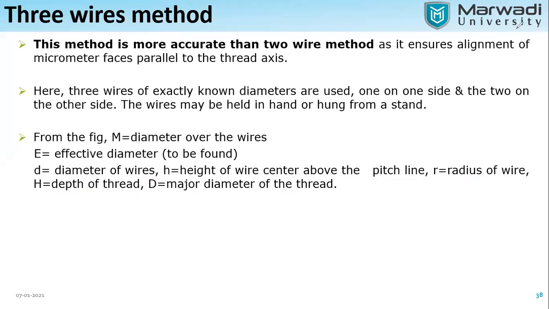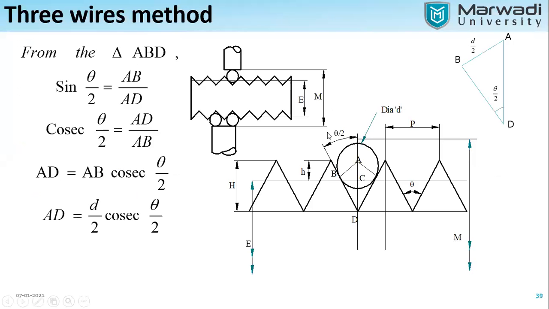So how can we find the dimension over the wire? Here we just have to consider this figure. You can see this will be the wire and this will be the effective diameter line. Up to the effective diameter line, we know the answer that we found from the two wire method.